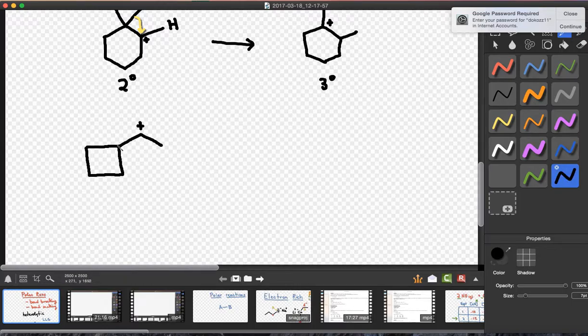One might think that this should be a hydride shift to make a tertiary carbocation, but that's not what's observed. Rather, we have a 1,2 alkyl shift.